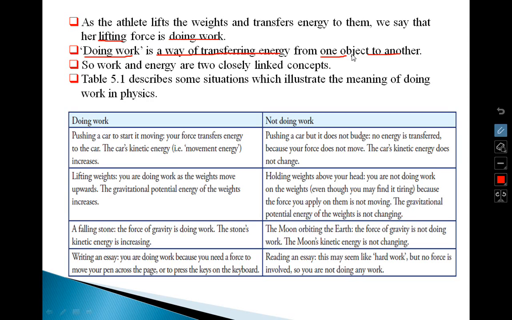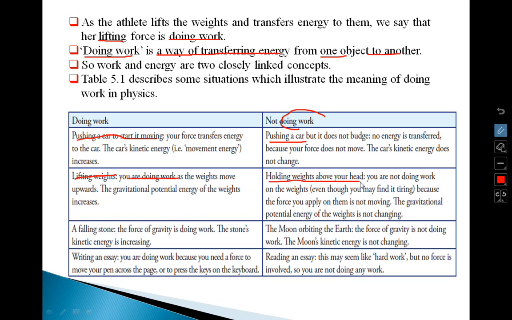Table 5.1 describes some situations which illustrate the meaning of doing work in physics. Pushing a car to start it moving is doing work. Pushing a car, but the car doesn't move, is not doing work. Lifting weights, you are doing work.